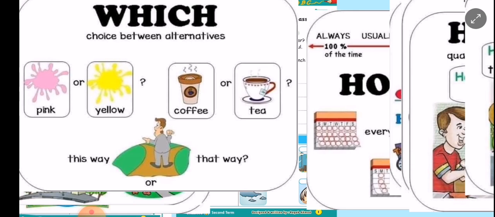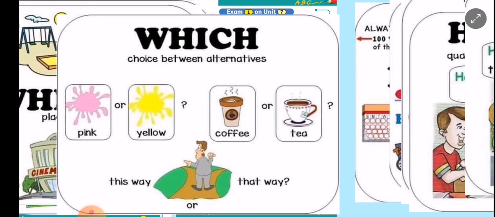We are going to move to another type of question, which means you are going to choose between alternatives. There are two things or more, and you are going to choose only one. Which one do you like? I like pink. I like yellow. Which grade are you in?